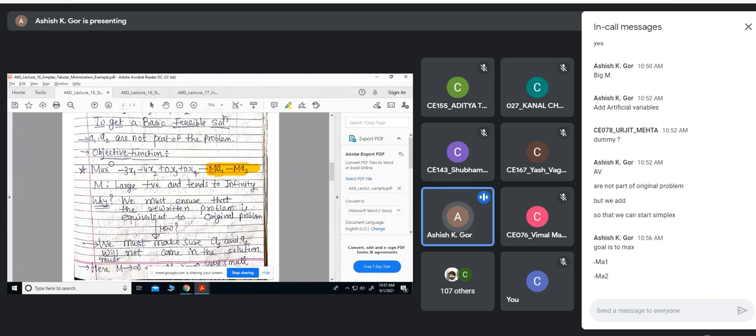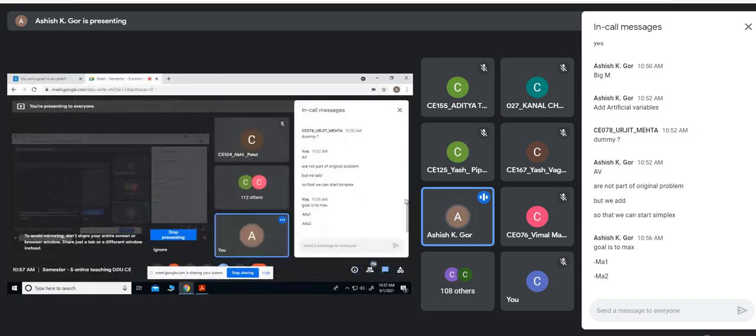The algorithm will not accept A1 and A2 as basic as the iteration proceeds, because if it does so, it will decrease this objective value, and you know our simplex is always progressing. It always tries to progress the answer, maximize the answer.